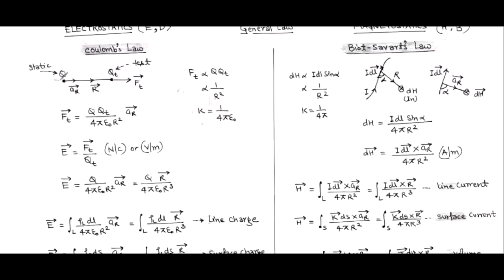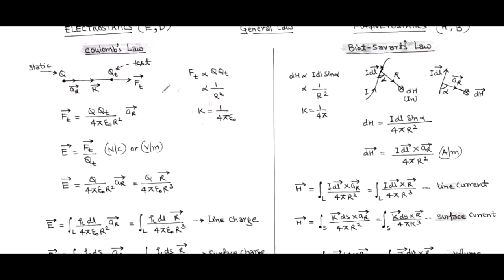This is fixed, and the test charge moves with some force, that is F suffix T, and there is a distance between the two charges denoted by capital R, and in vector form it has a unit vector, that is unit vector R.